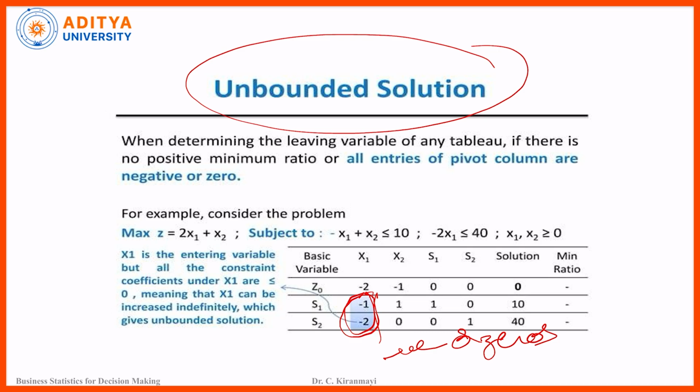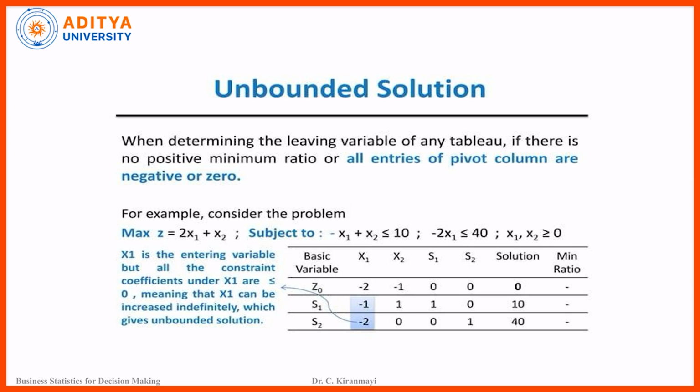Without finding the minimum ratio, we cannot identify the key row and we cannot proceed to the next iteration. Therefore, this is an indication of an unbounded solution. That is how we can identify whether the solution is bounded or unbounded in the simplex method.